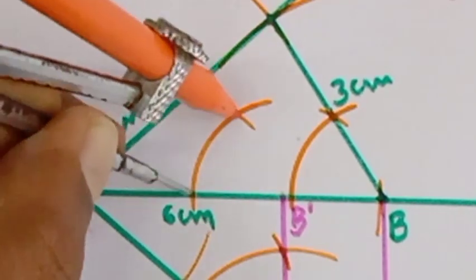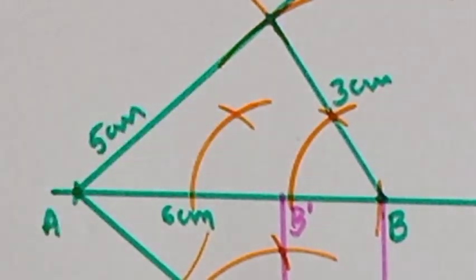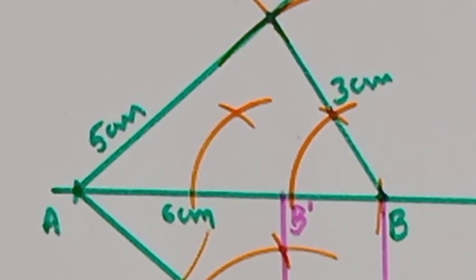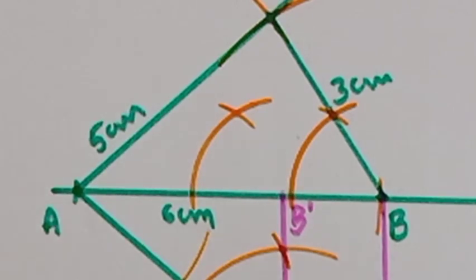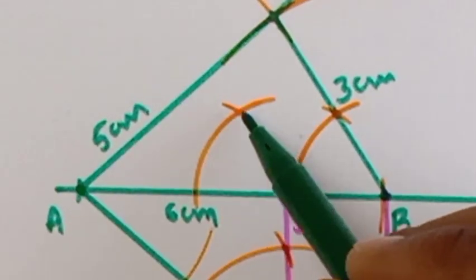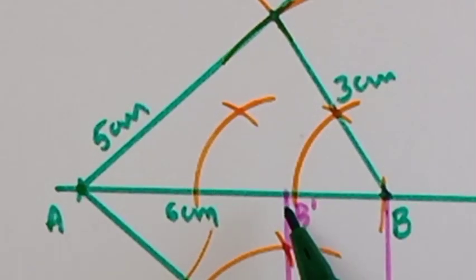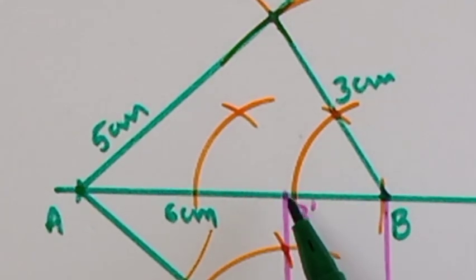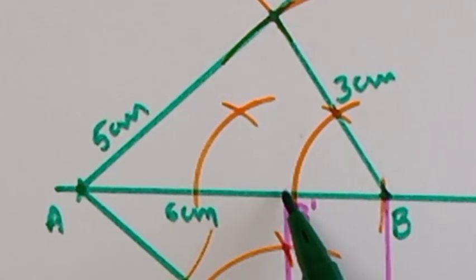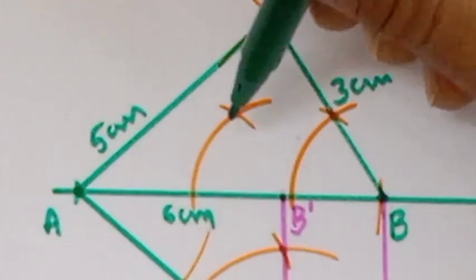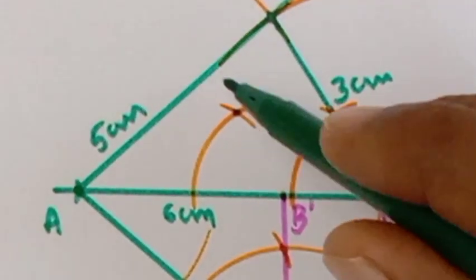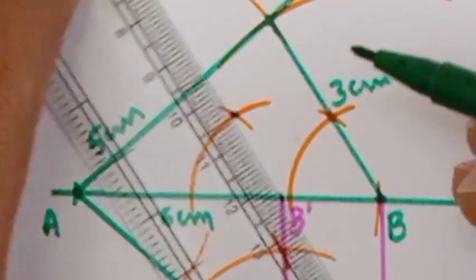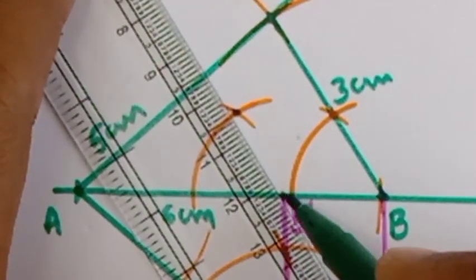Be careful. And then afterwards, what you should do is join B dash and the point of intersection of the two arcs. The point B dash is here, and the point of intersection of the two arcs is this point.